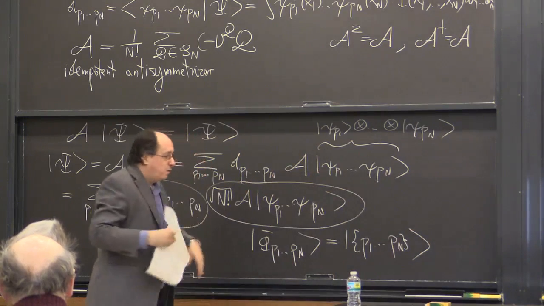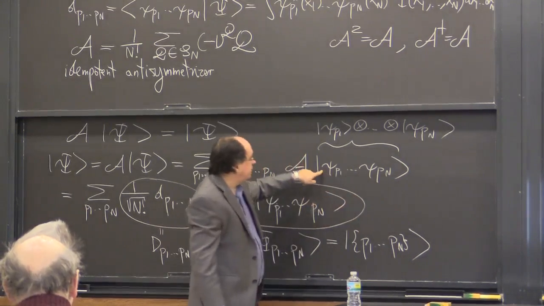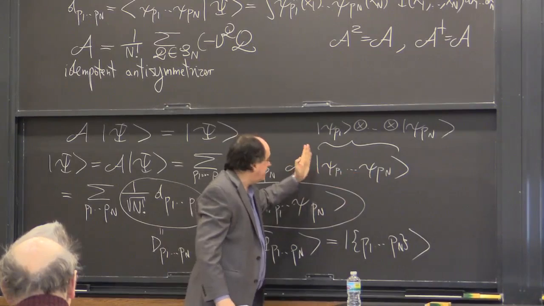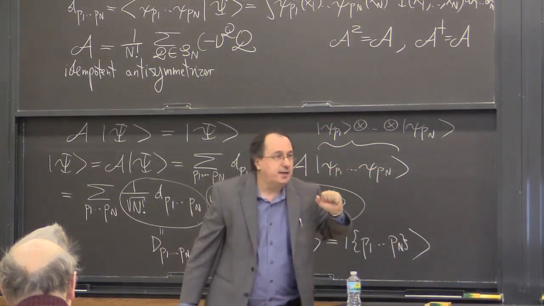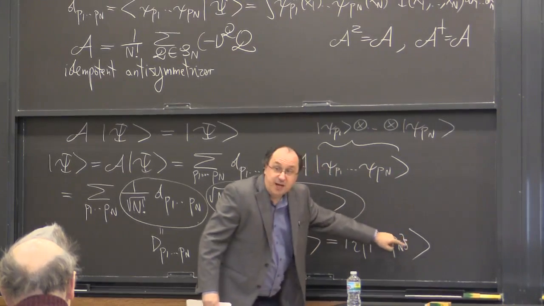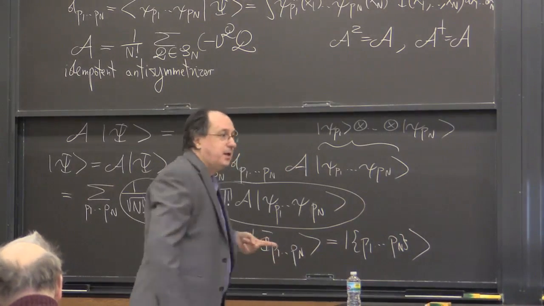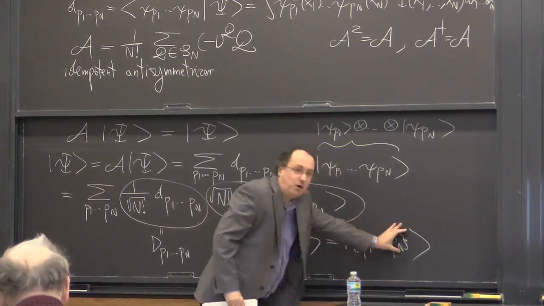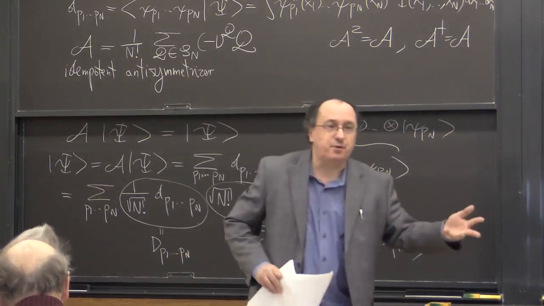Compared to the original situation, I have a bunch of single particle states in the ket, a simple product. When I put these curly braces, I mean I anti-symmetrize them. So this is no longer a simple product. It's an anti-symmetrized product.